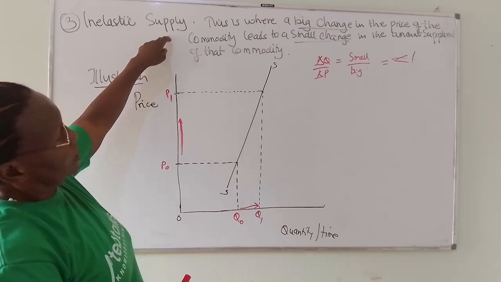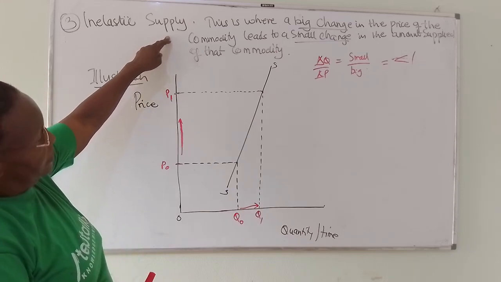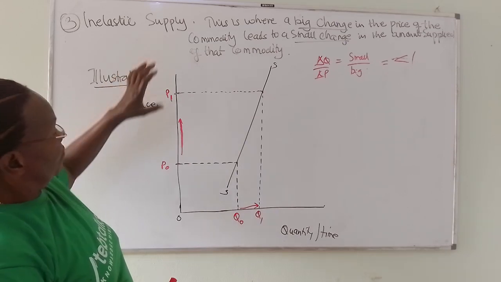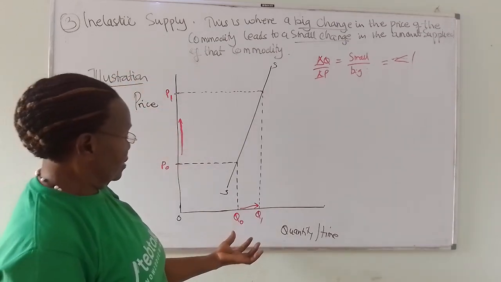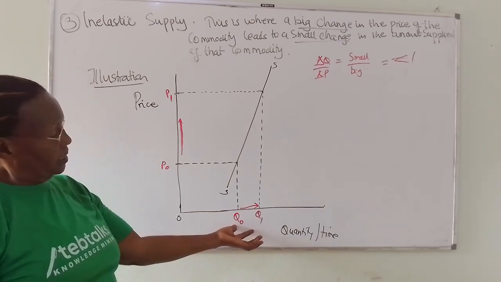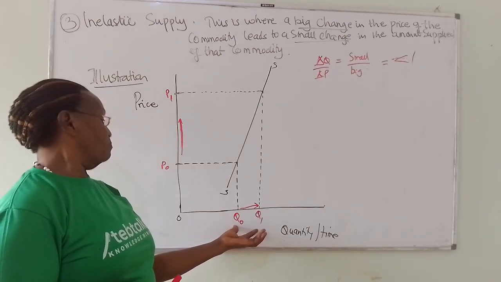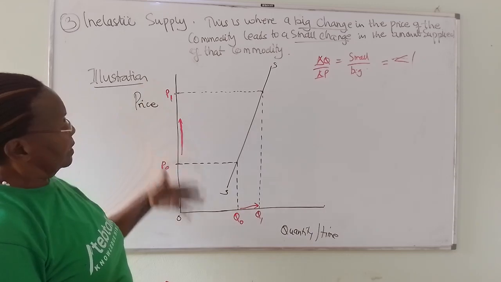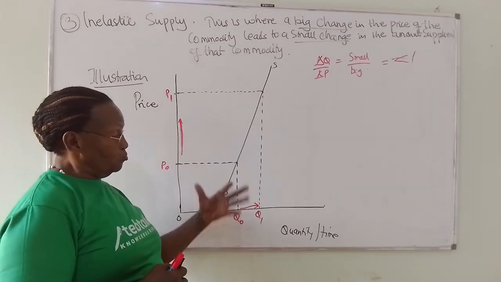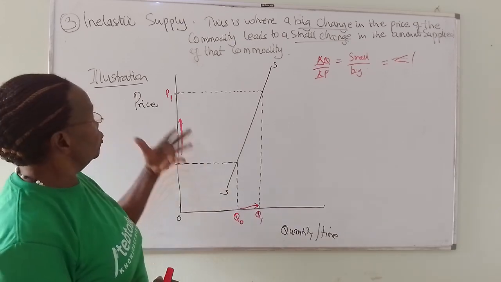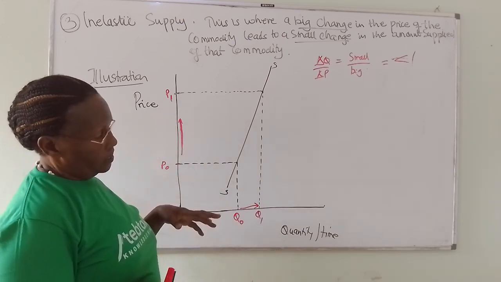Why? Because the calculated value is less than 1. We have a bigger change in price, but it is followed by a very small increase in quantity supplied. It means that the supply of that commodity cannot be increased drastically to correspond with the increase in the price.